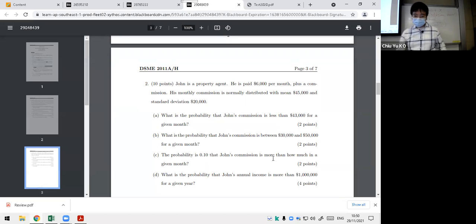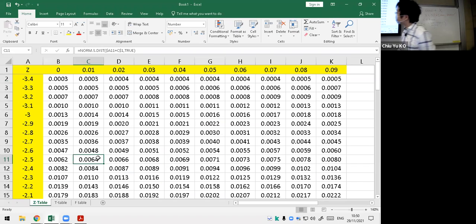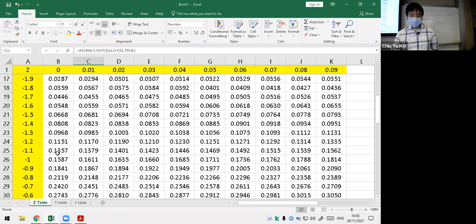Okay, since we have done the Excel, let's try to do it. Look at the Z table, look for -1. This is the area on the left, right? So left hand side. Are we asking left hand side?